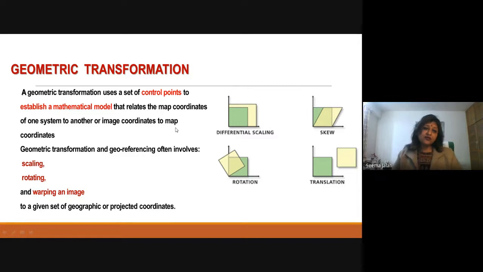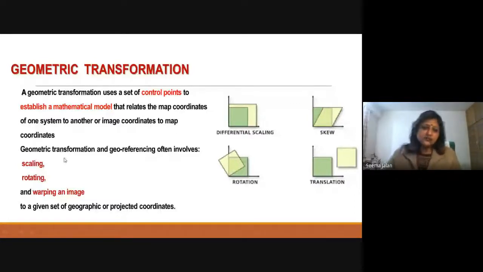I want an equation which can give me the real world coordinates, or the coordinates in the desired coordinate system, when I input the coordinates in my source coordinate system. This entire mathematical model which I use is known as my transformation equation, and this process is known as geometric transformation.